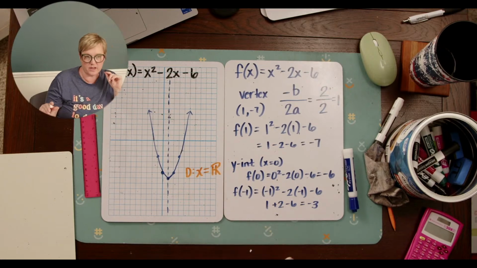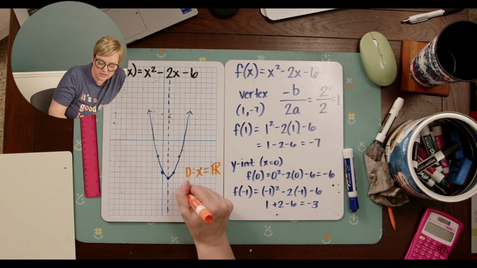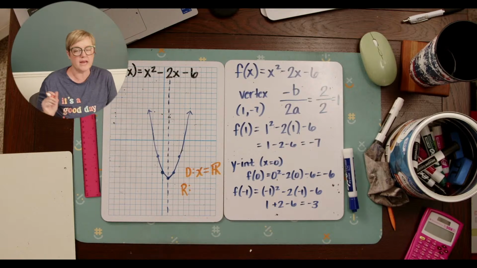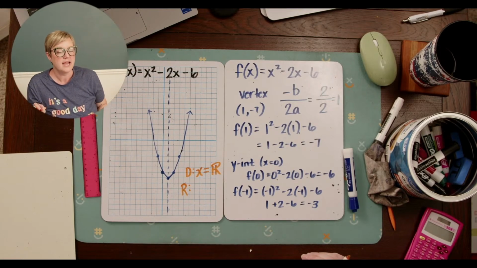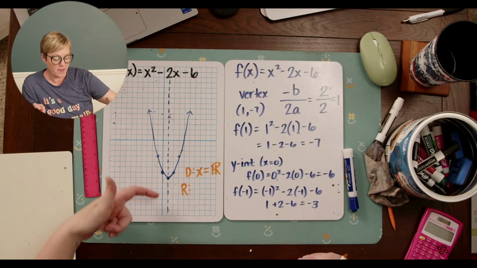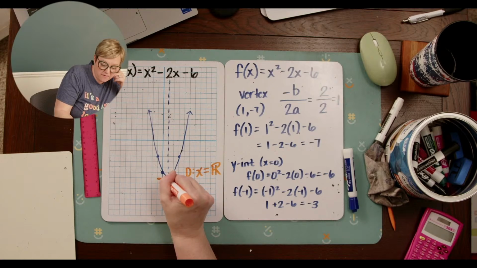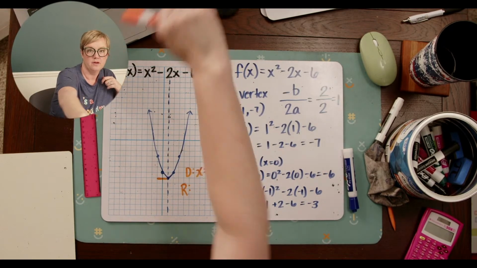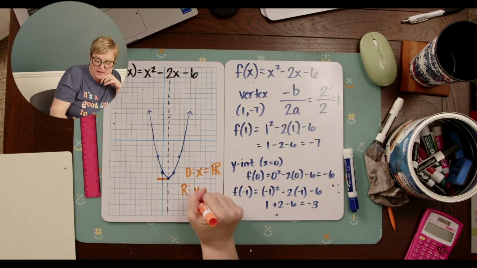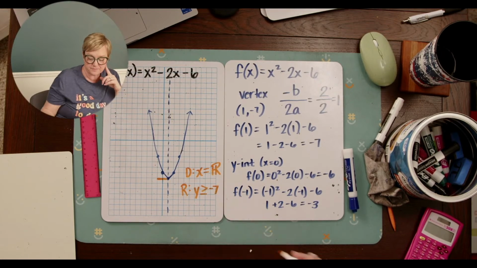It depends on what kind of notation you're using. The range is a little bit different, because the range is all the possible y values. I'm only going to go from negative 7 up. So y is greater than or equal to negative 7.